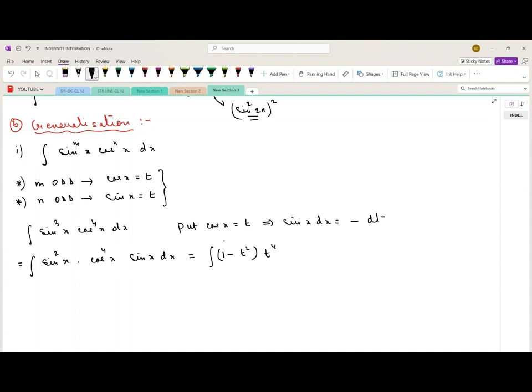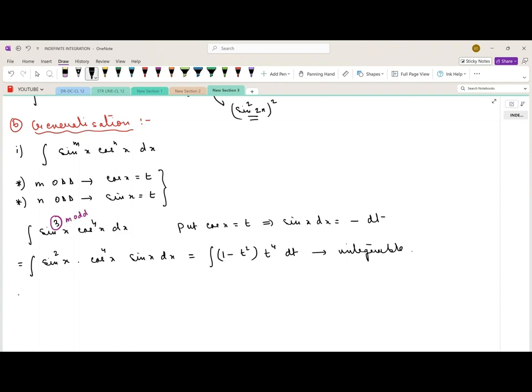So sin square x cos 4x is 1 minus t square times t^4. Yes, sin x dx is dt. Now this is easily integrable. Here we did an example where m is odd.